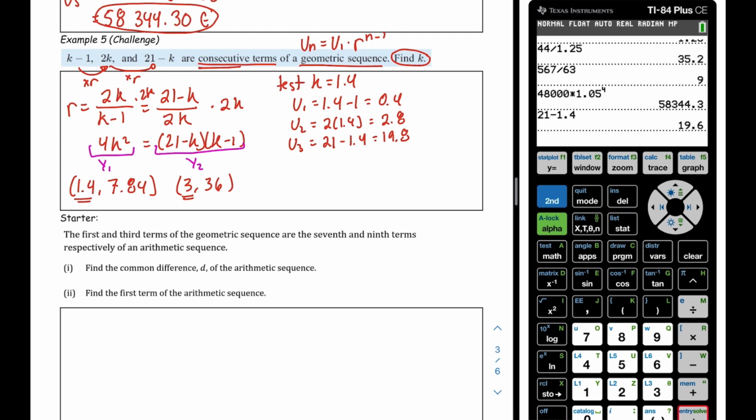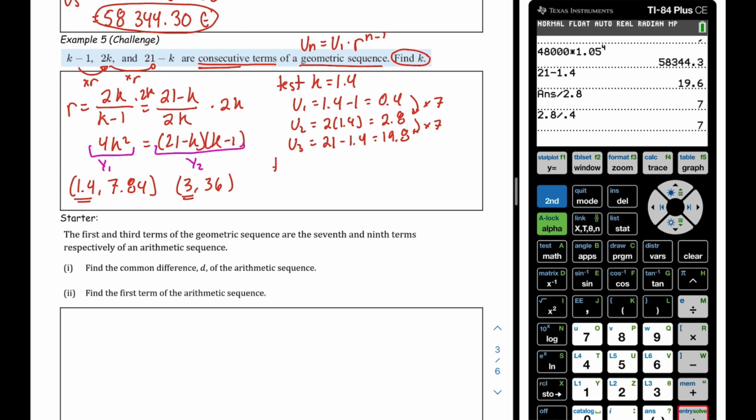Now, does this respect our common ratio? Let's test it out. 19.6 divided by 2.8. This is 7. 2.8 divided by 0.4. This is also 7. So perfect. For this one, we have 7 as our common ratio, and it seems to work out beautifully.